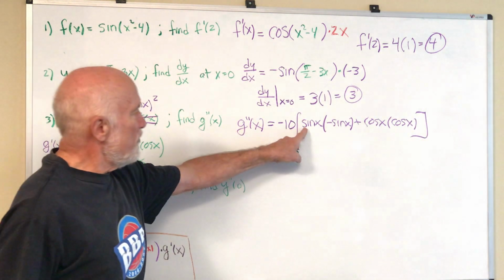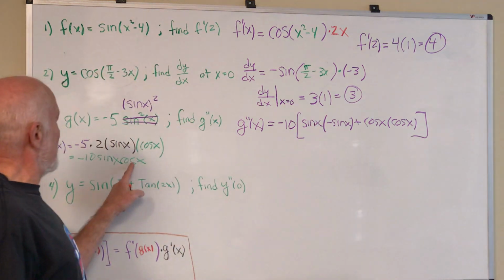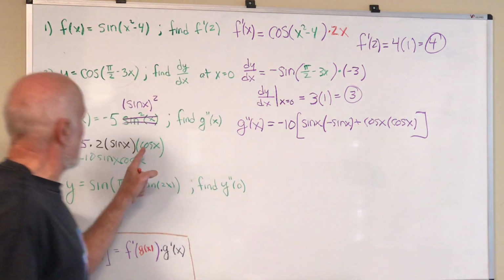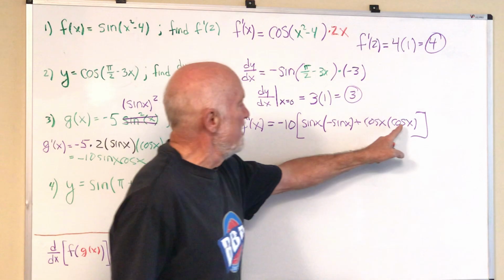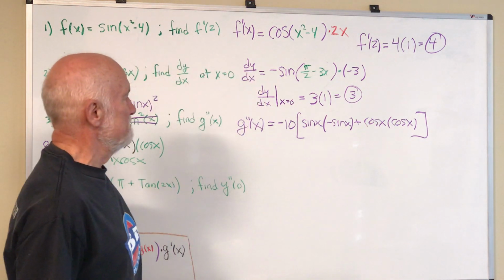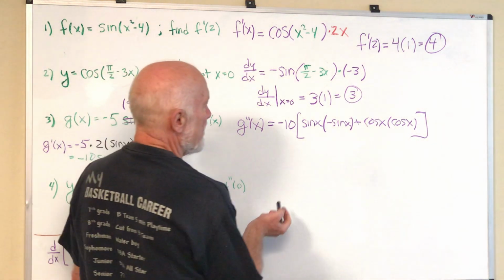So, the first function times the derivative of the second, plus the second function times the derivative of the first. And basically, that's your answer.